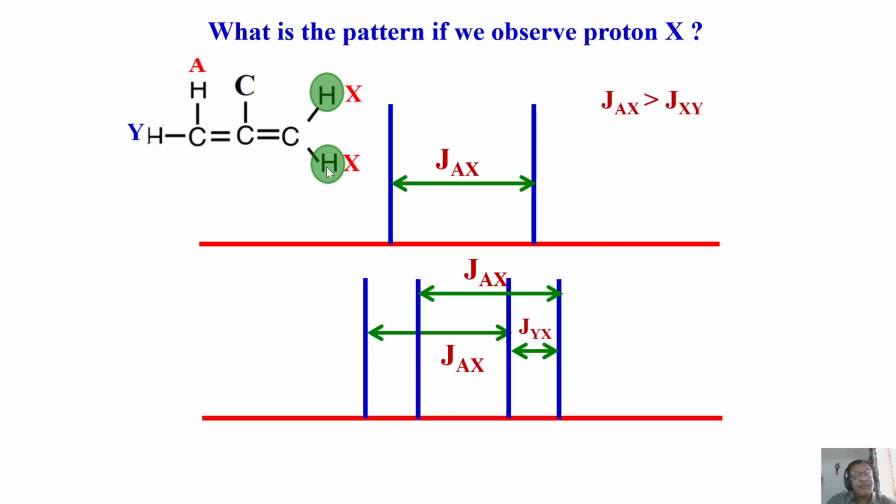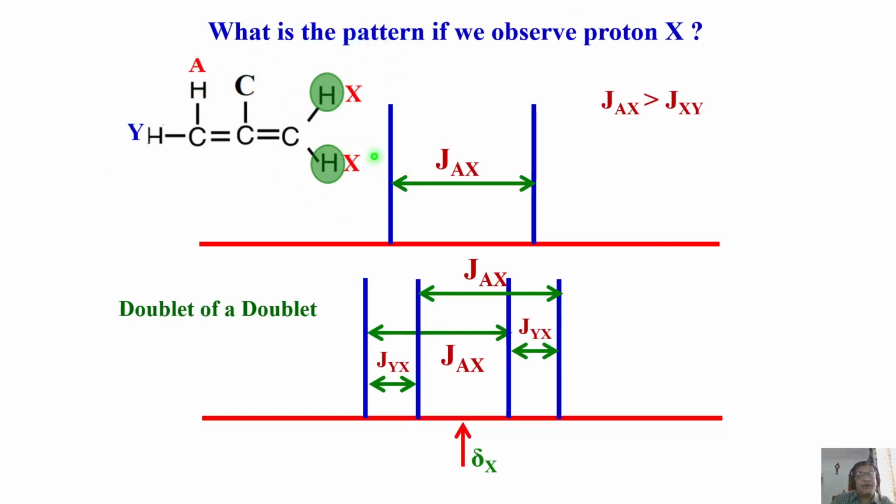Previously it was a doublet of triplets. Now it is a doublet of doublets, one doublet splitting into another one. When I was seeing this proton, it was a doublet of a triplet. When I saw this proton also, it was a doublet of a triplet with a smaller separation for the triplet. Now I am looking at this.